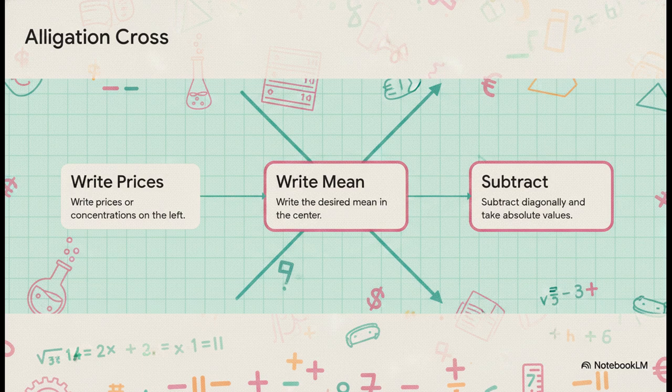You must take the absolute values. Always subtract the smaller number from the larger number. Why? Because if you end up with a negative number, your ratio flips, and test makers will absolutely put that wrong answer in the multiple choice options just waiting for you to pick it. Keep the numbers positive, follow the diagonals, and honestly, the map basically does the math for you.